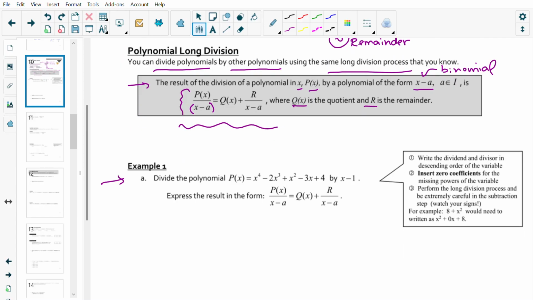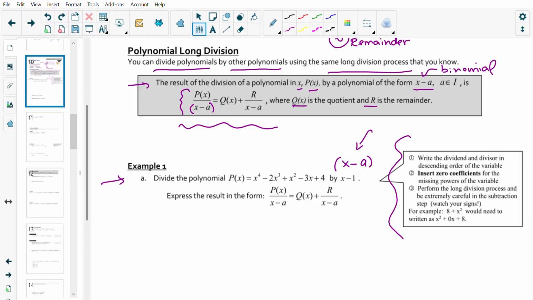Example 1. Divide the polynomial p of x equals x to the fourth minus 2x cubed plus x squared minus 3x plus 4 by x minus 1. So remember, we're thinking about the form x minus a. This will be important later. Here are some instructions on how to do it. Write the dividend and divisor in descending order of the variable.